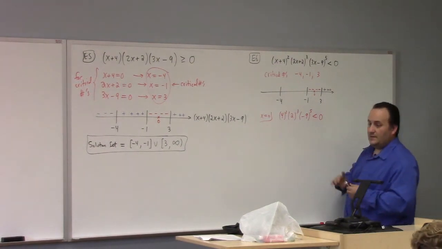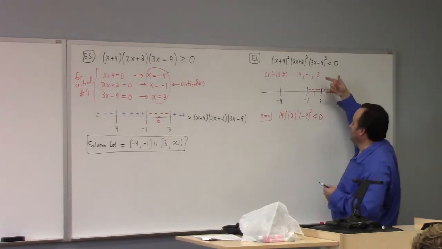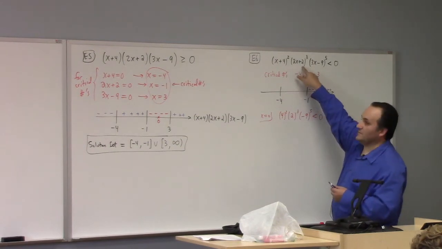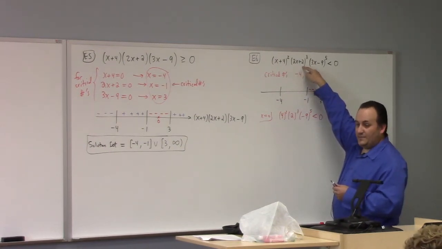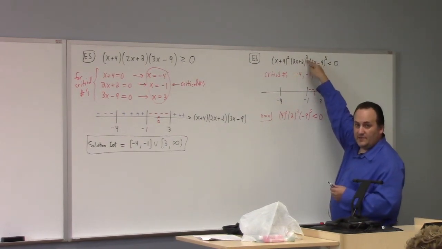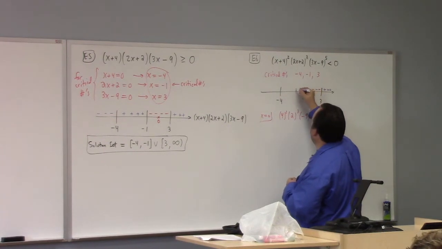All right? Pretty much the same story here. Minus 1 corresponds to what? The 2x plus 2, right? That's what makes this one 0, right? But that's, again, to an odd power. Odd power means we flip the sign, so minus goes to plus. All right?